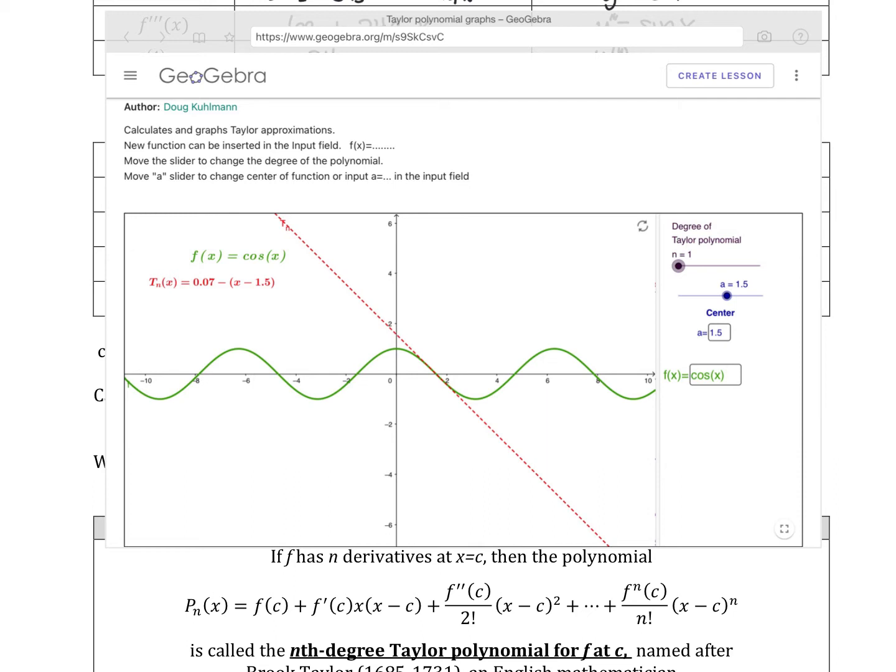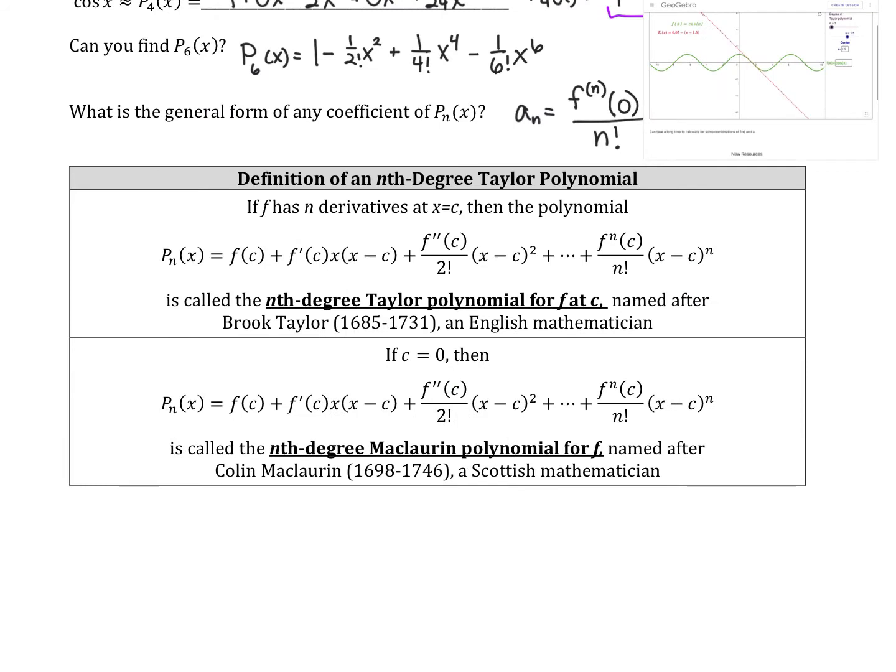So let's look at the general definition of an nth degree Taylor polynomial. All right, this general form says that if f has n derivatives at x equals c, then the polynomial is f of c plus f prime of c times x minus c.